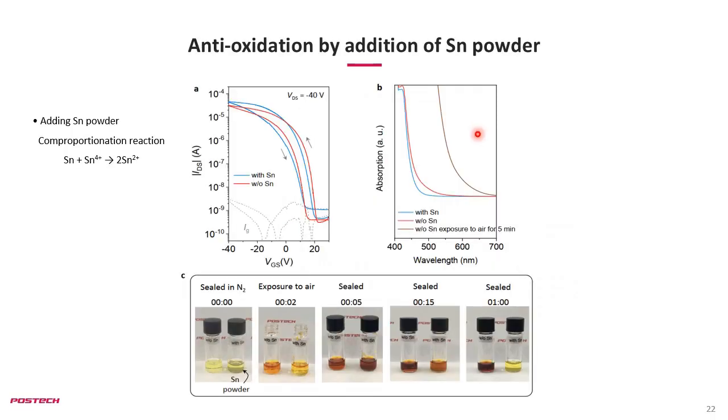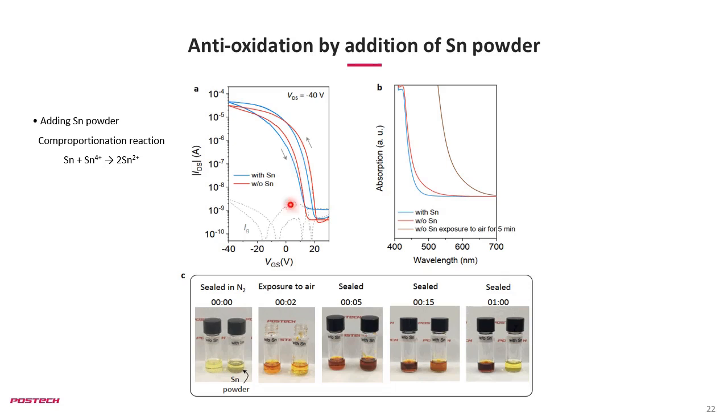And to reduce the oxidation of Sn2+ to Sn4+, we add tin powder using a comproportionation reaction. If we add tin powder into the oxidized Sn4+, it changes to Sn2+.